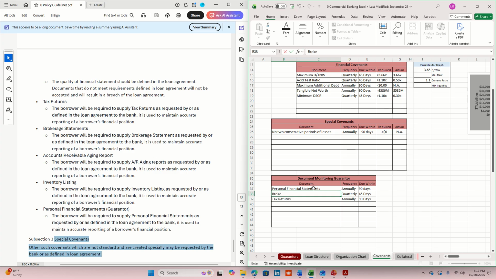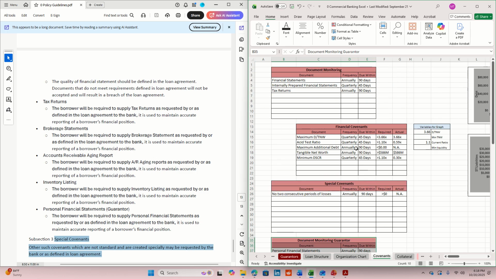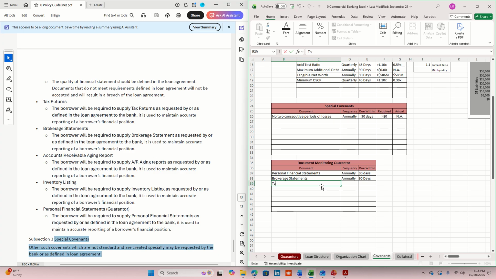And then we're going to do brokerage statements. We want both of these things annually within 90 days. And that's all that we're going to need from the guarantor. Just those two. And we're also going to need tax returns for the guarantor.